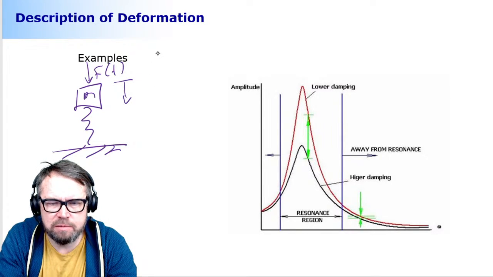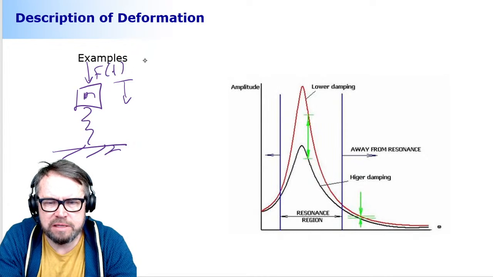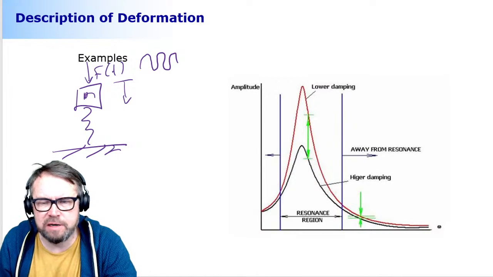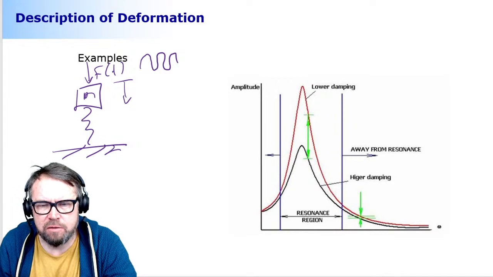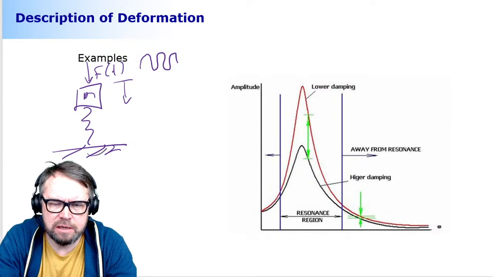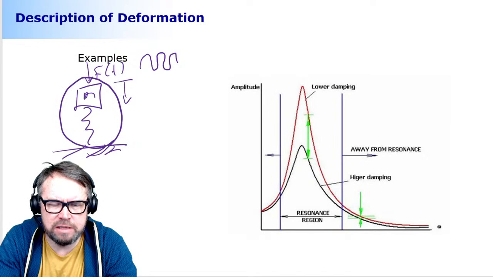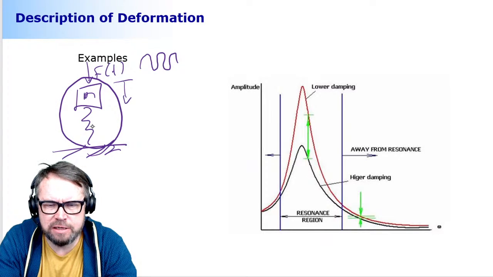I'm measuring the displacement of the mass. The force fluctuates as a function of time, and I can vary the frequency of the force. The frequency of the structure is defined by the stiffness and the mass here.